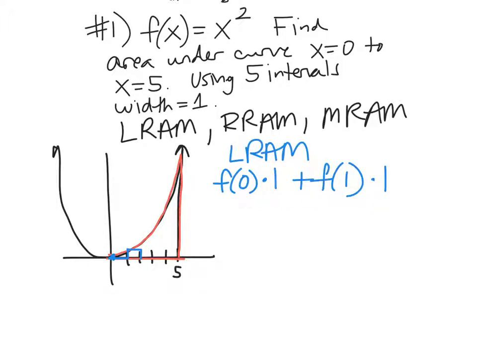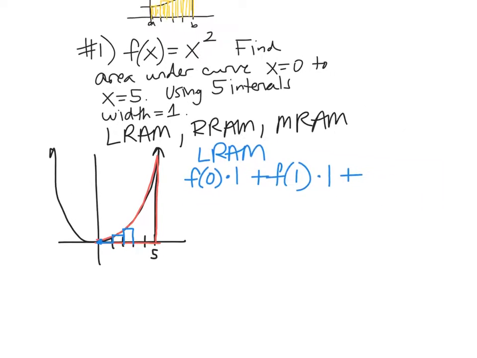Okay, plus. The next one is F of 2 times 1. We'll figure all these out in a minute. Then we're going to do F of 3 times 1.